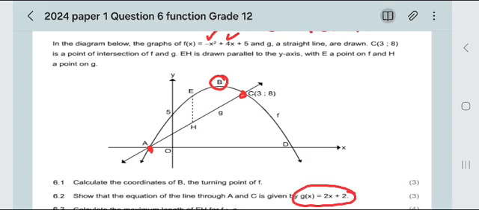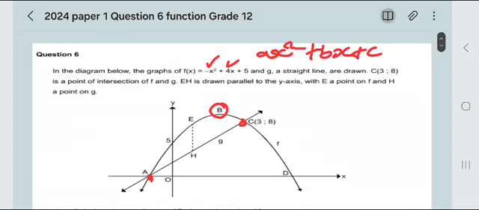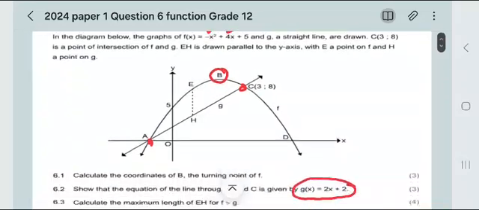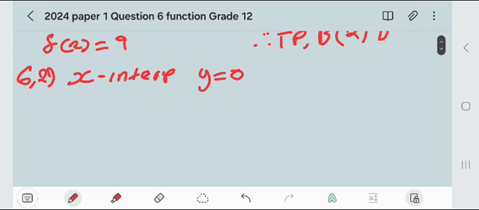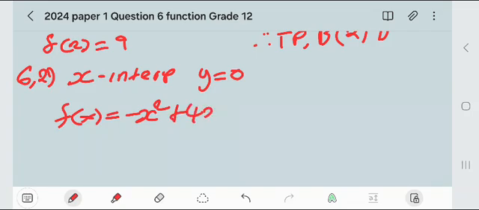So we know that A is also the x-intercept of the graph of f, whereby f of x is equal to minus x squared plus 4x plus 5, and this will be equal to 0.